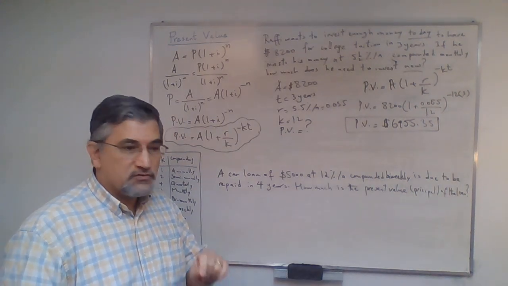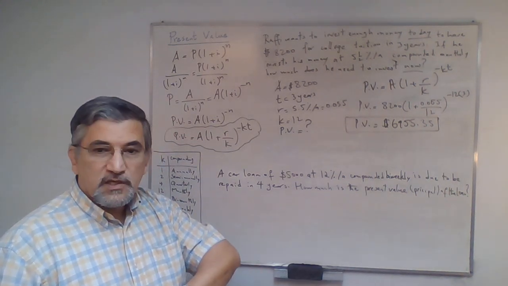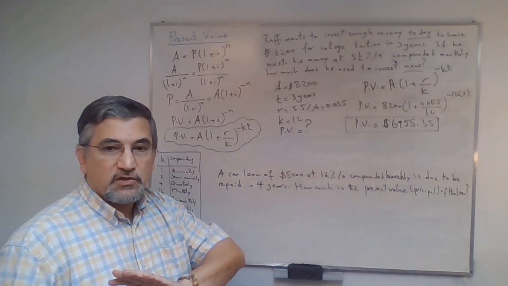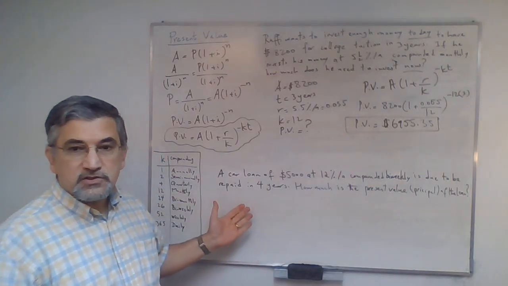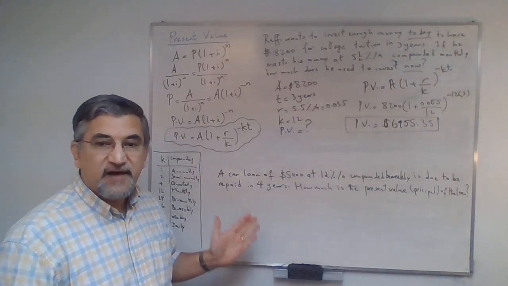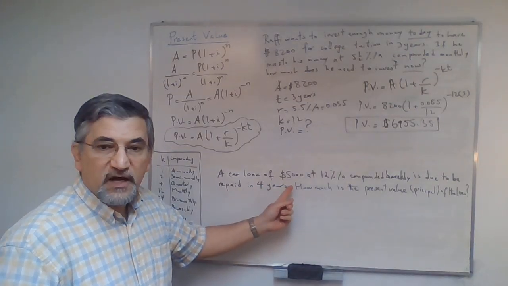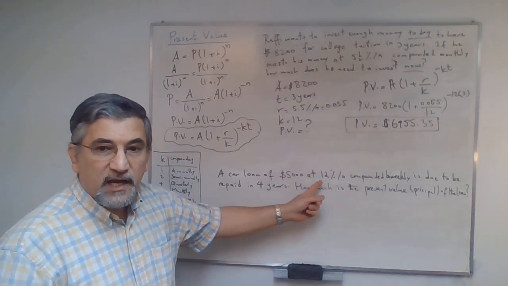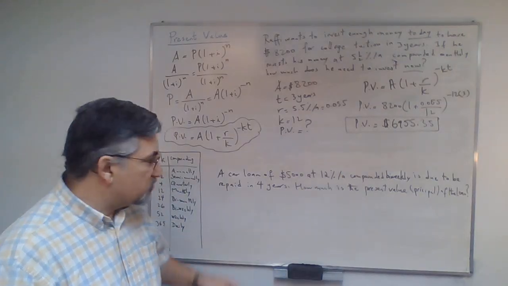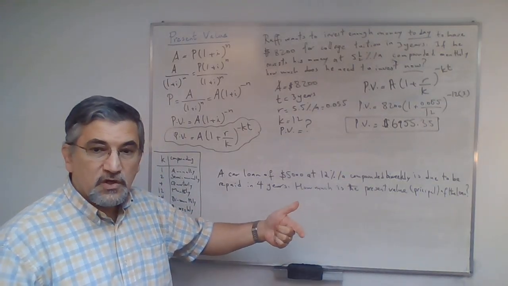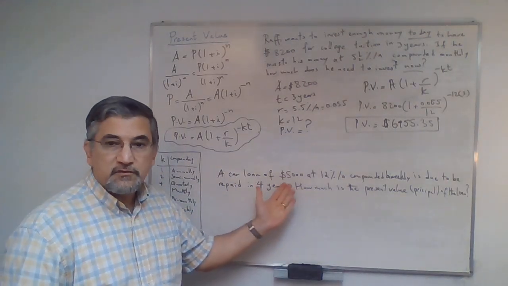How much should I pay you now so that you just accept my debt is paid off completely? Okay, that is the question. Basically, what is the present value of a $5,000 loan at a rate of 12% per annum compounded biweekly, which is due in 4 years? So this is what we want to figure out.